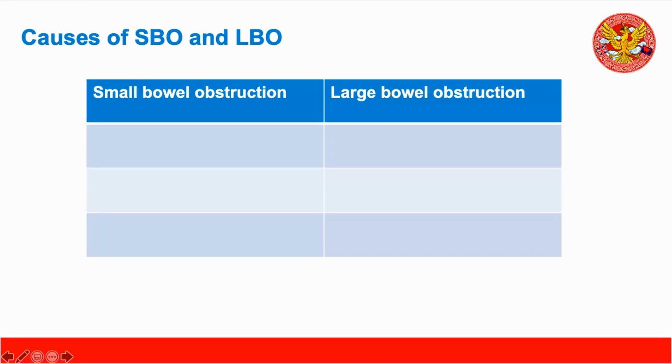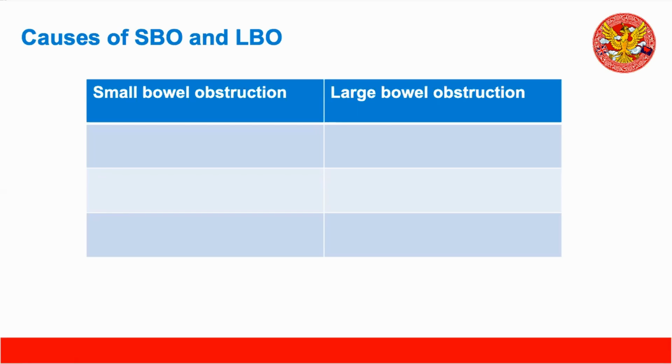So in terms of causes of small and large bowel obstruction, we've obviously spoken about volvuli being one cause of large bowel obstruction, and they can also be a cause of small bowel obstruction. Does anyone know any other causes of small bowel obstruction and large bowel obstruction? Perfect, Annavi. So adhesions. Adhesions is the most common cause of small bowel obstruction, and also tumor.